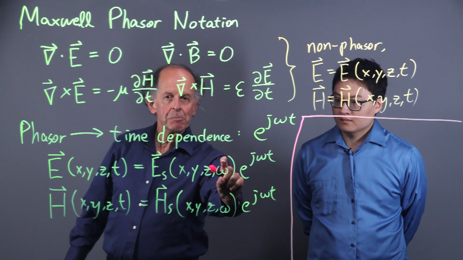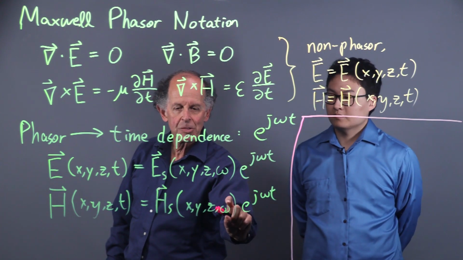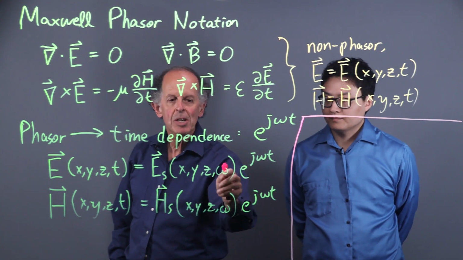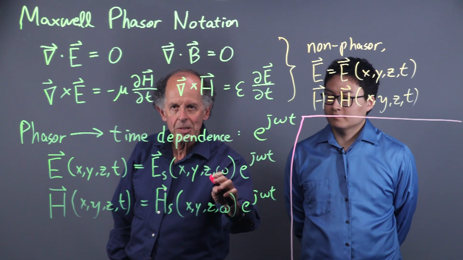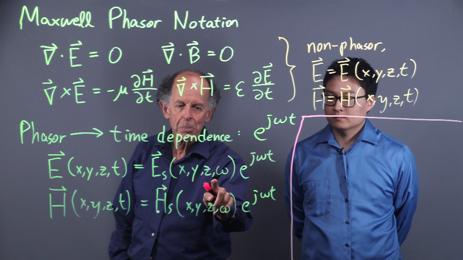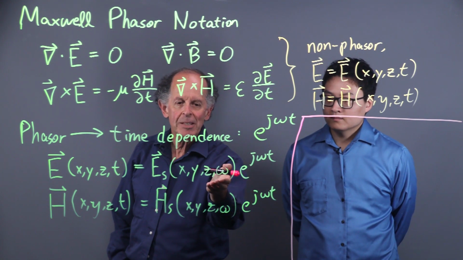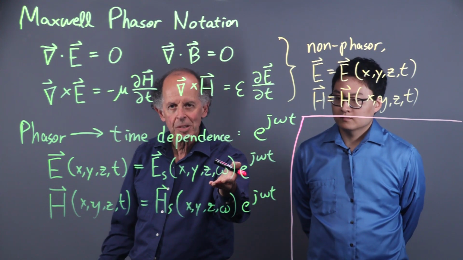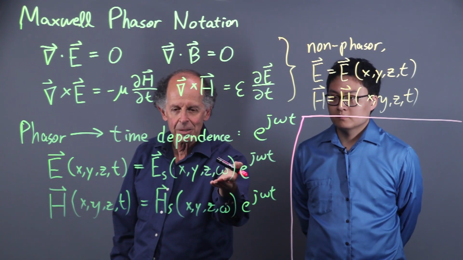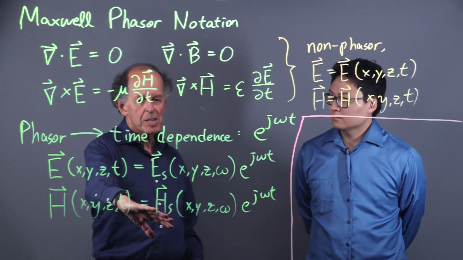Now, normally in most books, they don't put the omegas here, but when we use this, we're going to see later on that, in fact, omega enters as a parameter for all space. So every frequency has a different spatial solution because the wiggliness is at different rates, i.e. the angular frequency. We do the same for H.